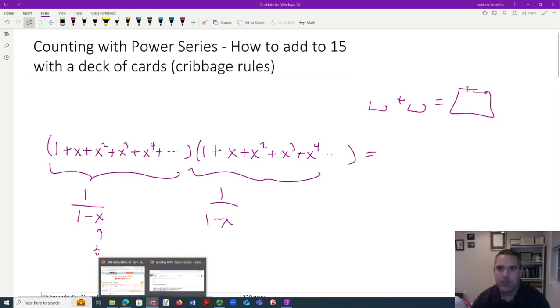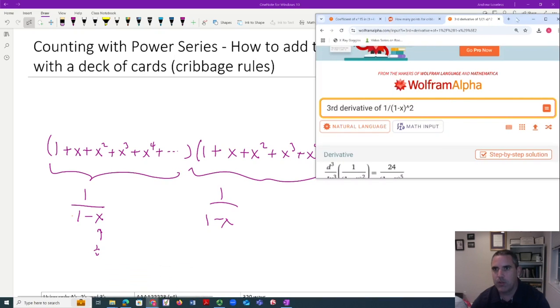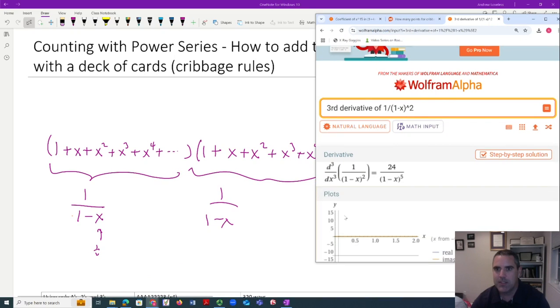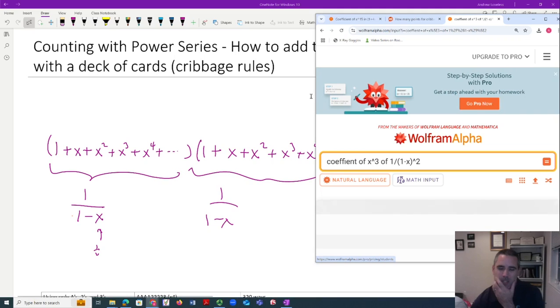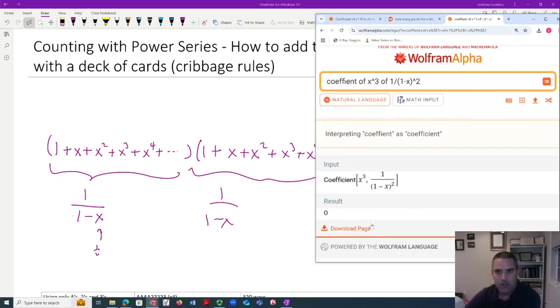Let me pull up a little calculator. Because this all involves calculus, there's actually many ways to get this. So let's say we wanted to know the coefficient of x to the third of this. There are fast ways to do such a thing. The coefficient of x to the third of the power series.